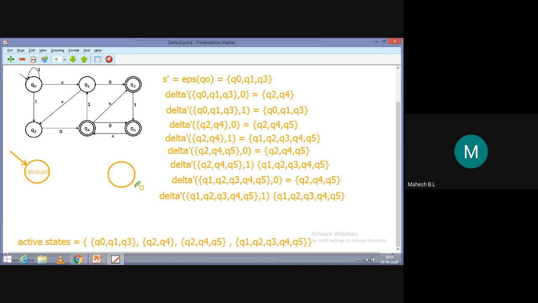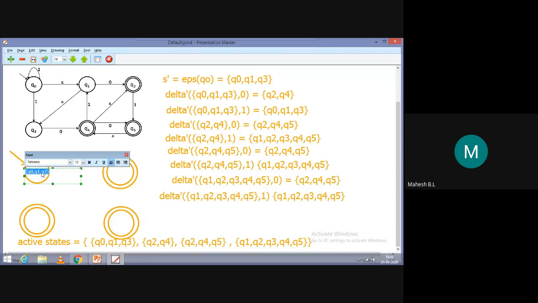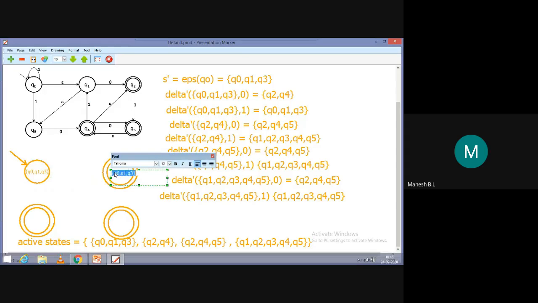So these are all accepting states. That's why you need to put a double circle around them like this. We have Q2, Q4 as one state.